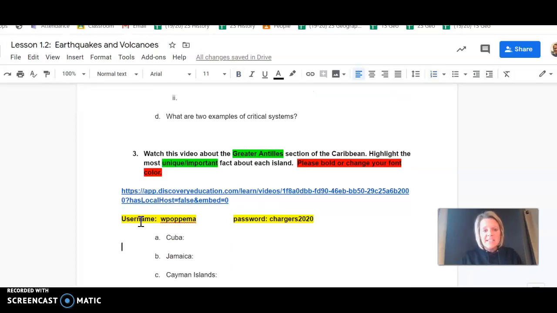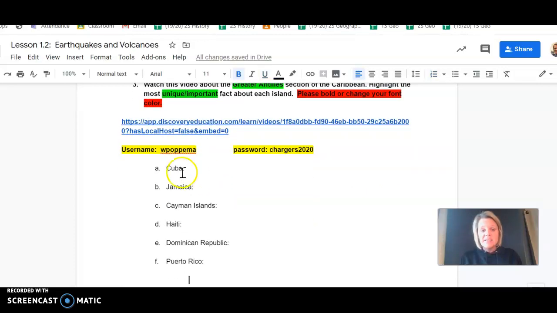Then we're going to continue with the series. Yesterday you read about one section of the Caribbean. Today you're going to read about the Greater Antilles. The Greater Antilles houses these 6 places. Please bold or change your font as you fill this in.